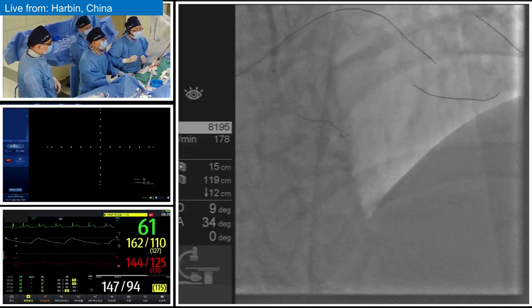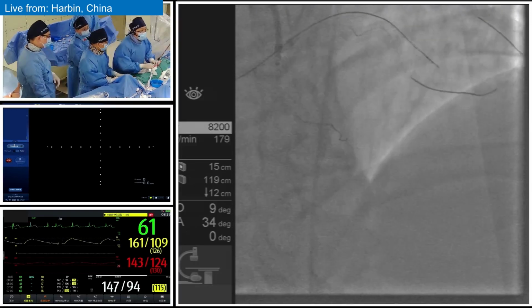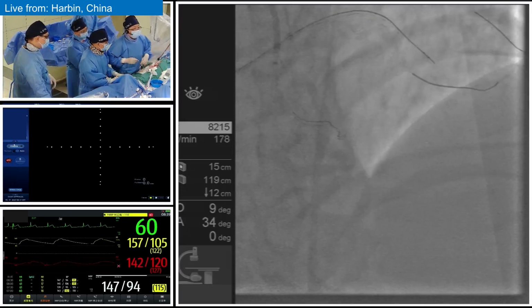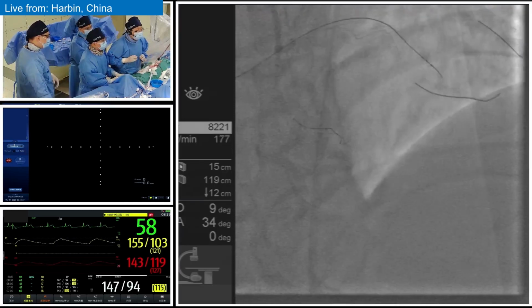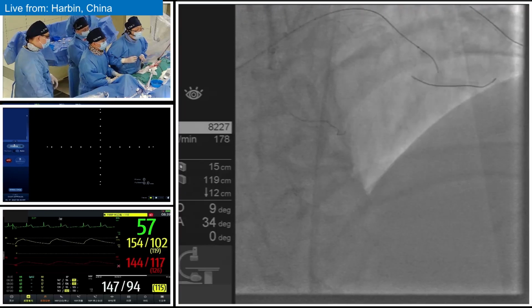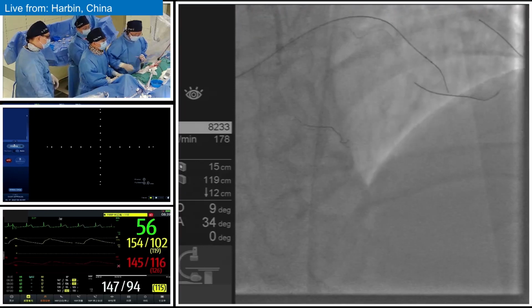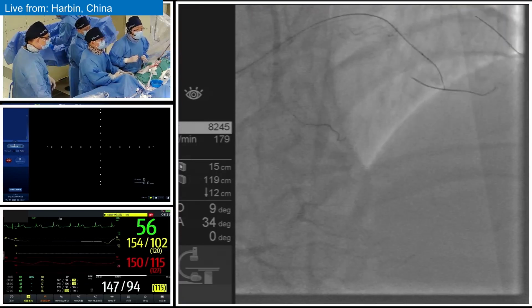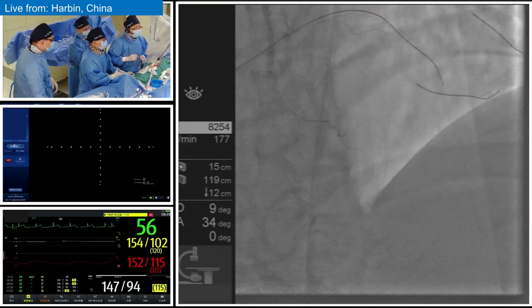For example, we watch the blood pressure change very closely, not only from the antegrade system but also from the retrograde system. From time to time we need to test from the antegrade and retrograde to check the flow from the circumflex, to make sure that everything is stable.